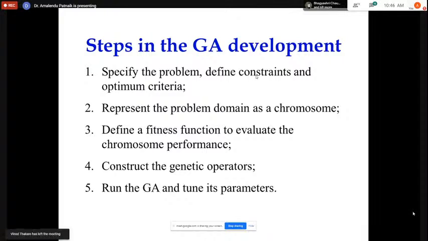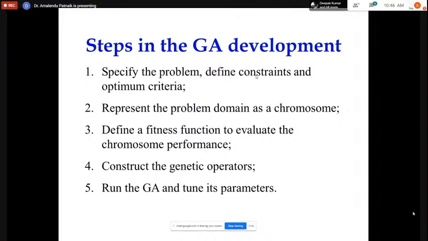And for the optimum criteria, you need to choose the tolerance range for terminating the iterative process.